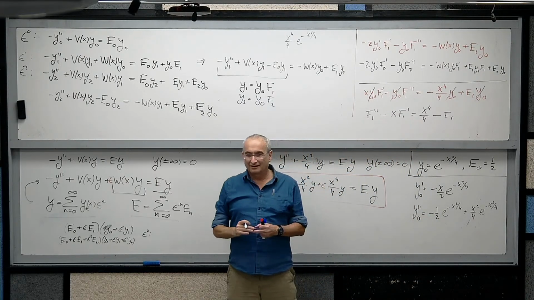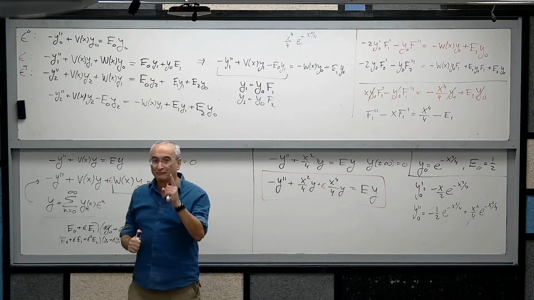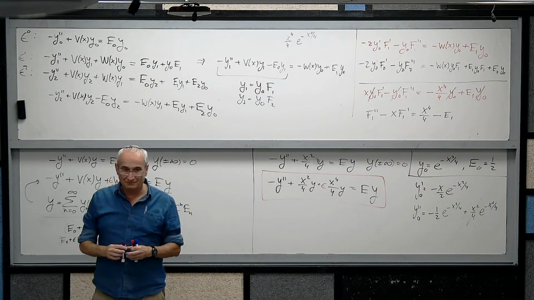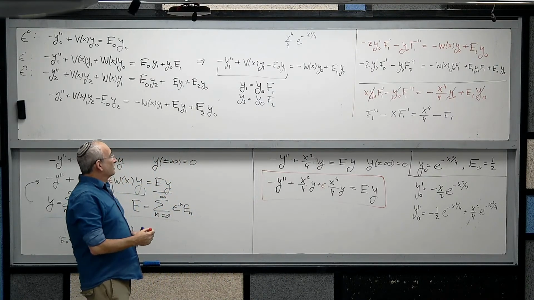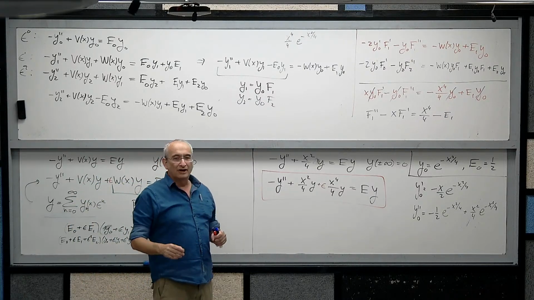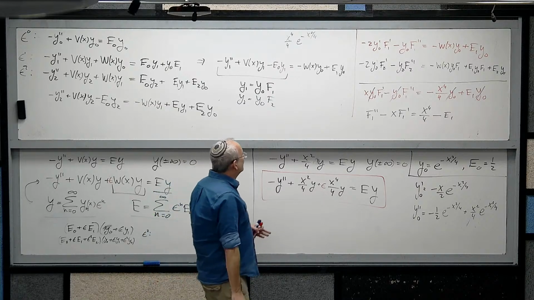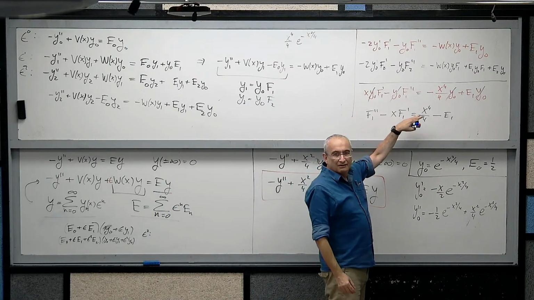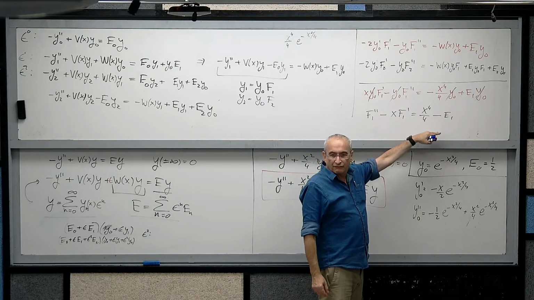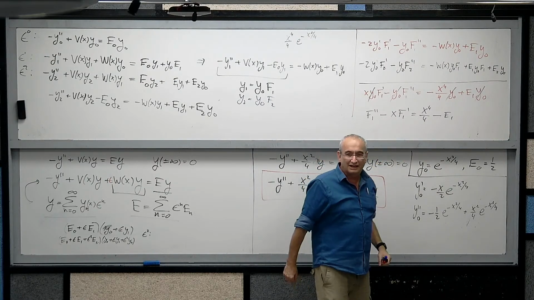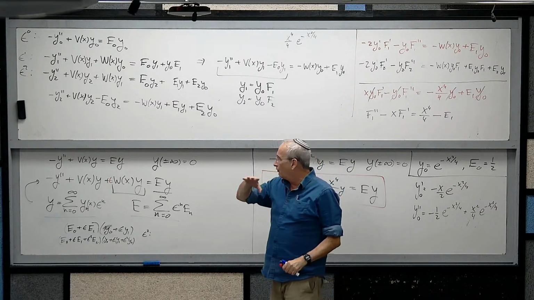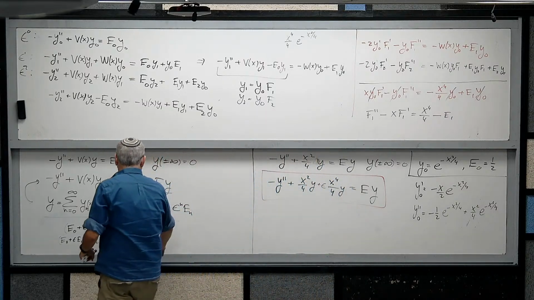But what is the parameter e1? We don't know e1. Now, there is a way that I will show you later on to deal with that. Let me explain what I am doing in this specific case.